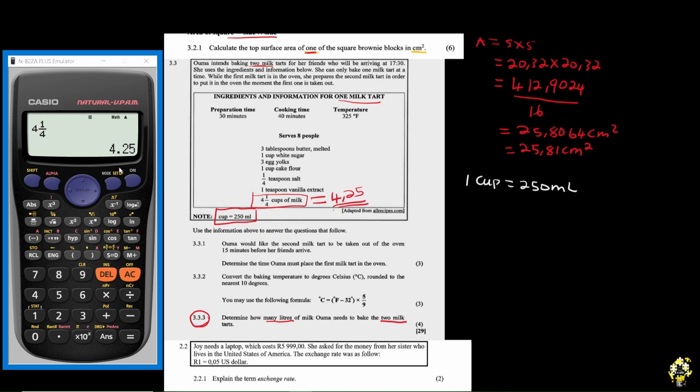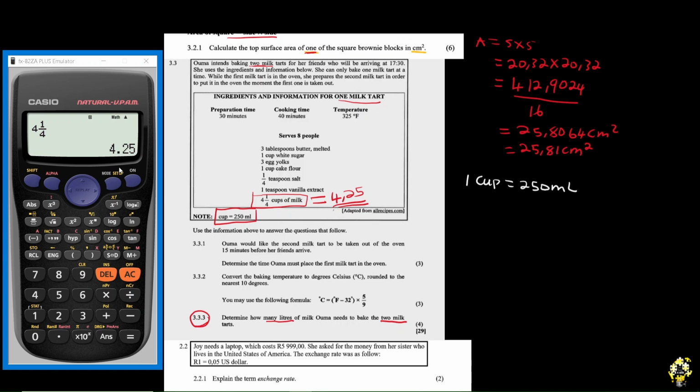Remember, I told you you can convert from metric to imperial or imperial to metric, and you can also convert within the same system of measurement, metric to metric, which is what we are doing here. So it's not like we are converting from metric to imperial. No, it's just within one system.